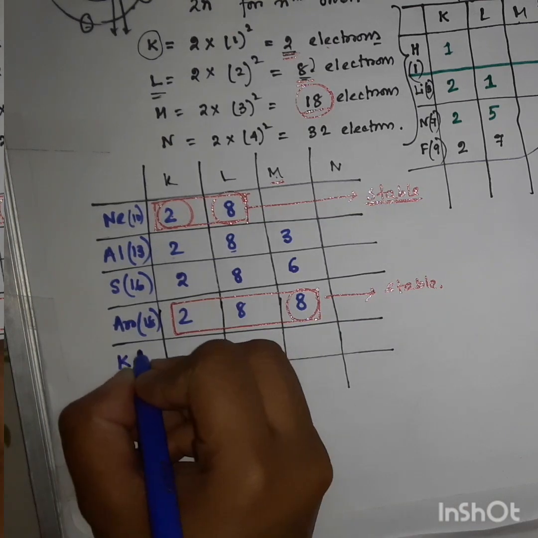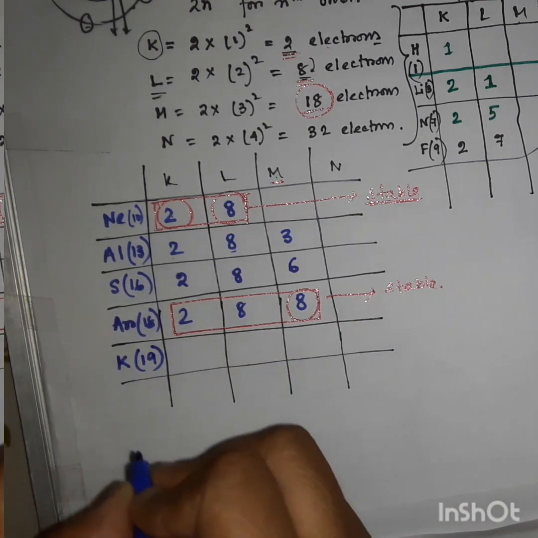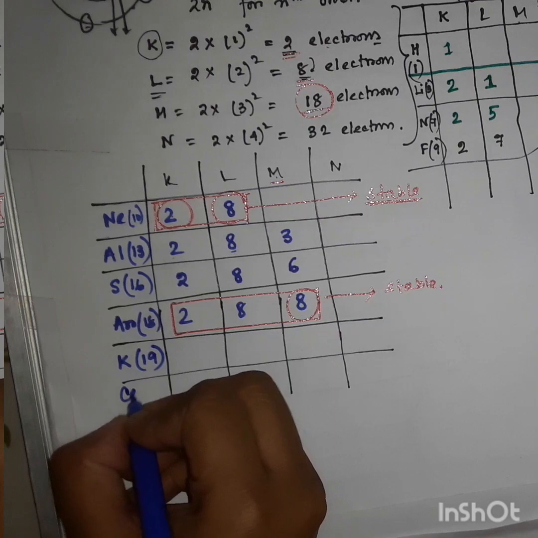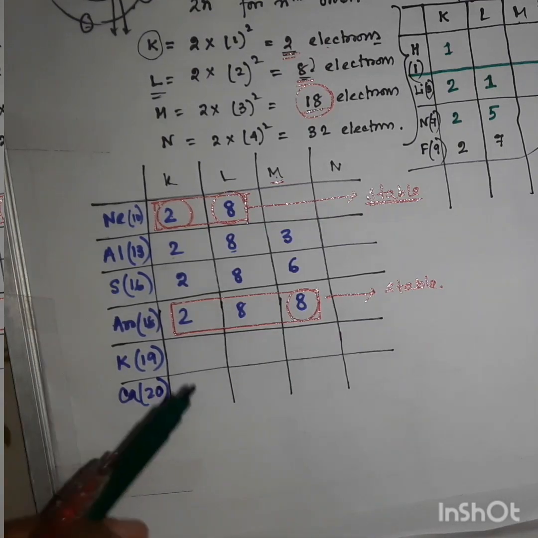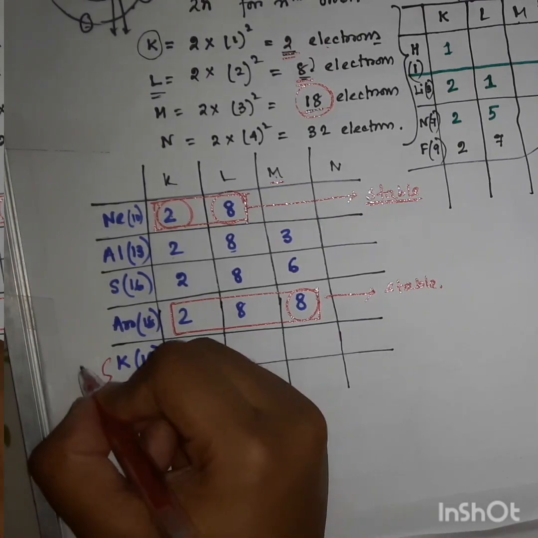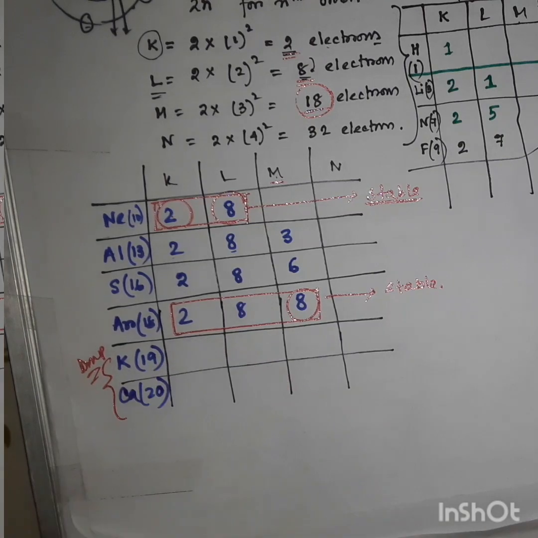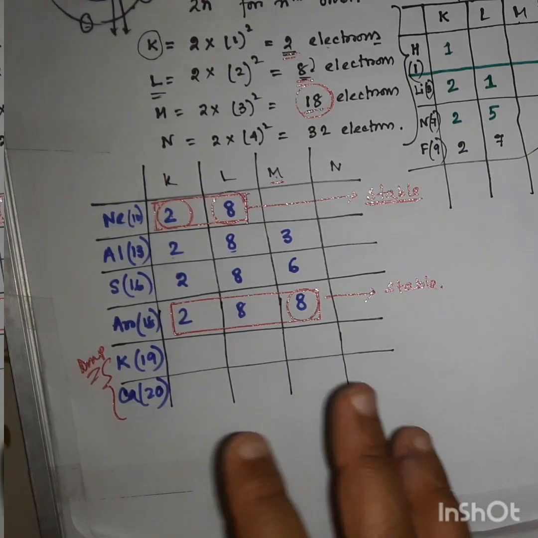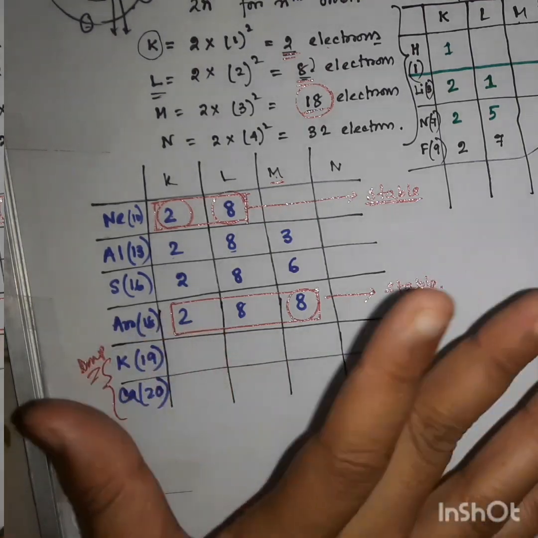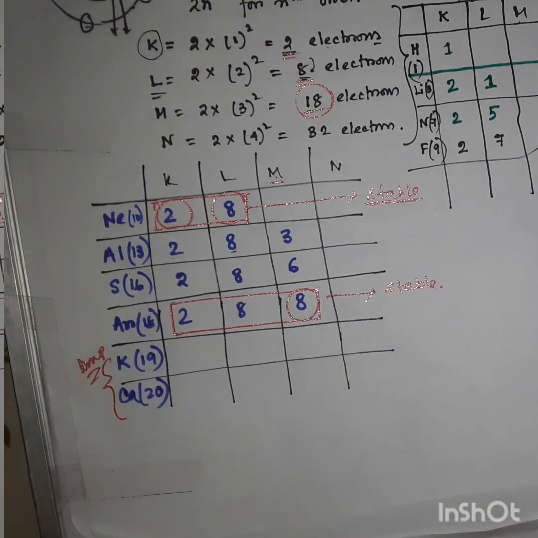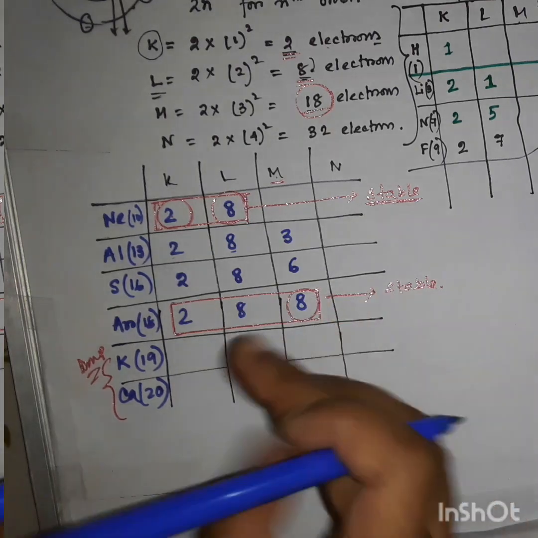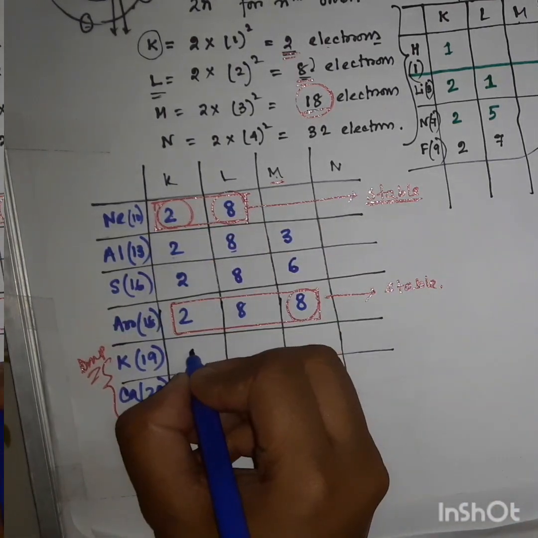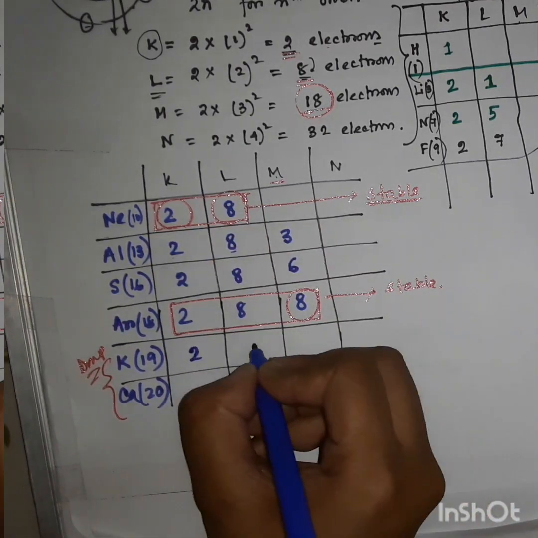Next, I will take 2 examples. One is potassium having 19 electrons and another is calcium having 20 electrons. These 2 are very important and you have to listen very carefully and clear the concept of how the electrons are filled up in these orbits. For the K orbit, there are 2 electrons, obviously.